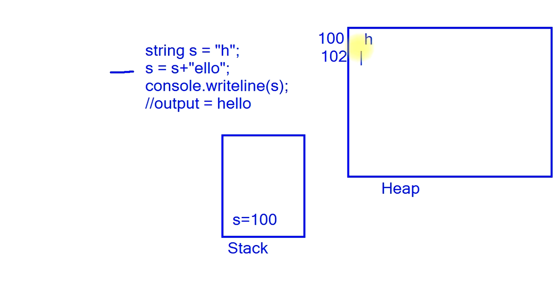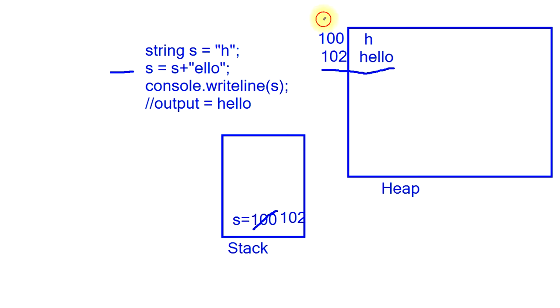It will concatenate first so that we get hello, then it will update this value with 102. So this is what is actually happening in the background. For the syntax's sake, it looks like we are updating the value, but in the background it is actually creating a brand new object in the memory.